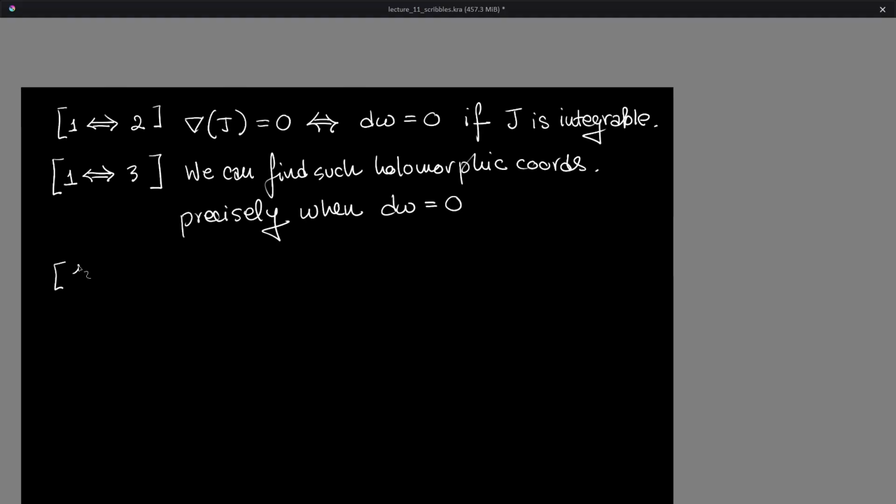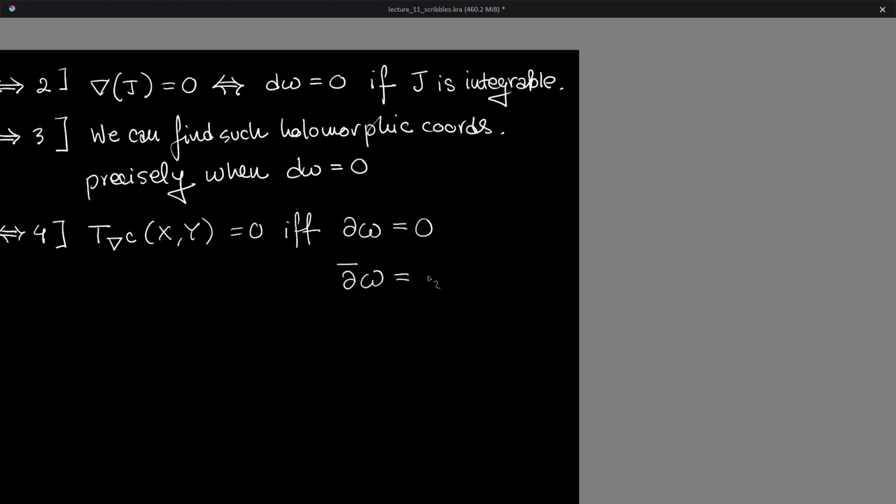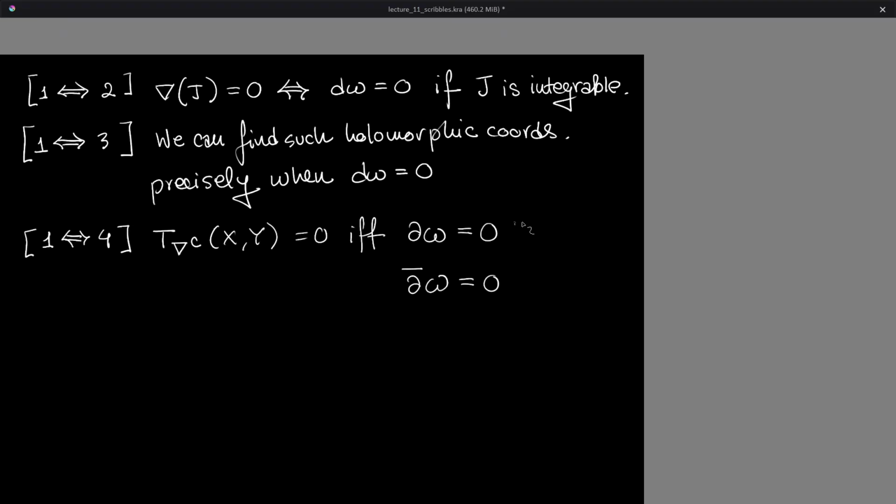And 1 is equivalent to 4 because the torsion T of nabla C is equal to 0 if and only if partial omega, or the Dolbeault operator on omega, is equal to 0, and the conjugate Dolbeault operator is also equal to 0, which means that d omega equals 0.